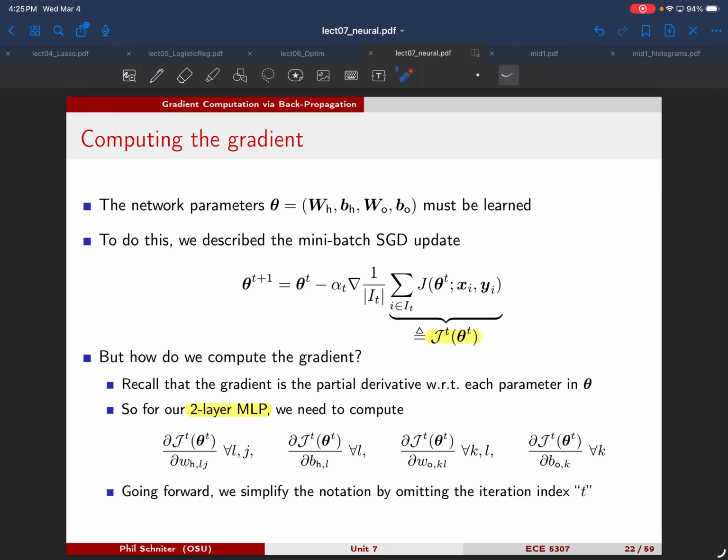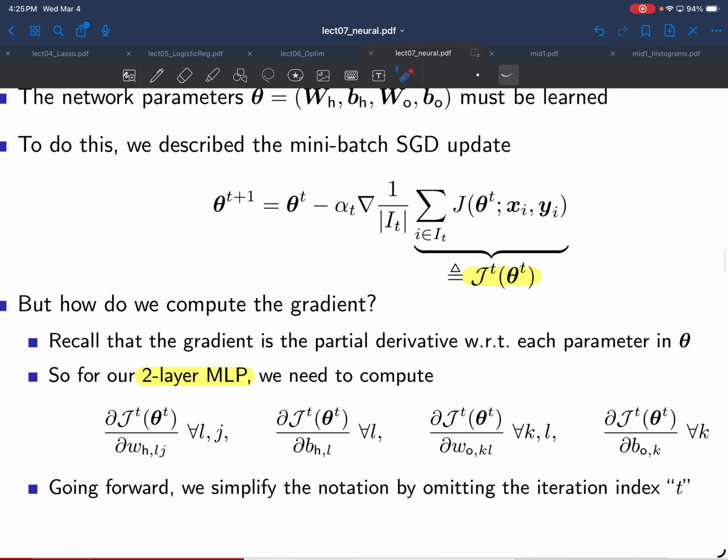We need to compute the partial derivative with respect to each one of the coefficients in the hidden weight matrix, this one. This is a 2D array, so we can index those coefficients according to the l-th row and the j-th column. So we have to compute this scalar derivative for all l and j. And then we have something similar here, except this is a one-dimensional quantity, so we have to compute the partial derivative for each entry in the b_h vector.